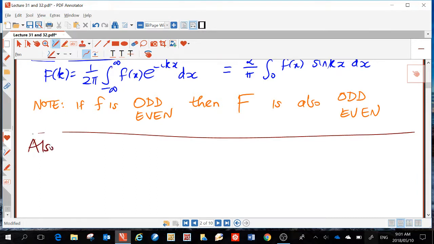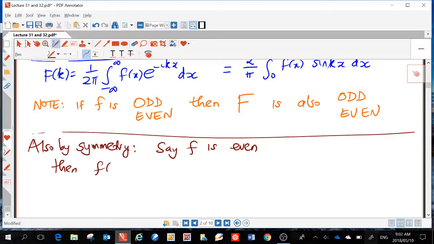Also, by symmetry, we can say that, okay, say f is even again. Then f of x will be an integral from minus infinity to plus infinity, F of k, e to the i kx dk. The behavior is exactly the same.